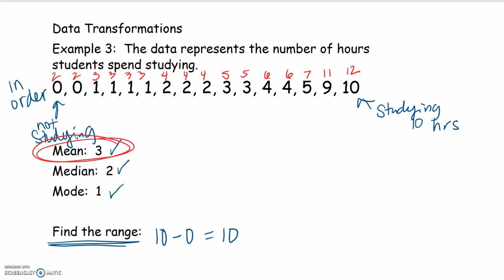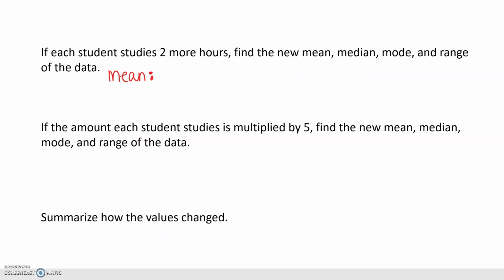Our old mean was 3. We added 2 to every data value. So our new mean, hopefully you got in your calculator when you paused it, is 5. So you're adding 2 more hours to each of those measures of central tendency.